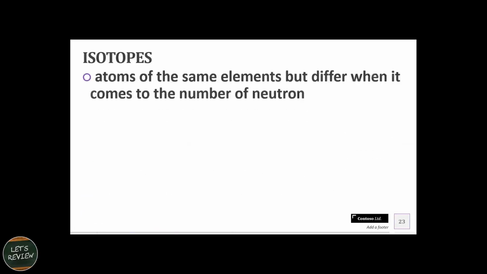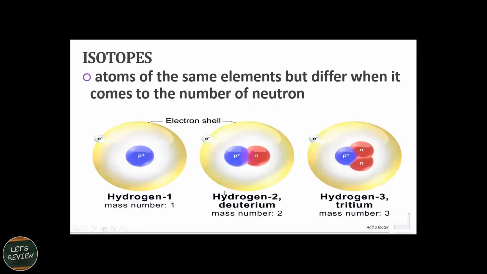Remember, the number of neutrons will not always be the same as the number of protons inside the nucleus. It may be greater than or less than the number of protons. Isotopes are atoms of the same element that differ in the number of neutrons.